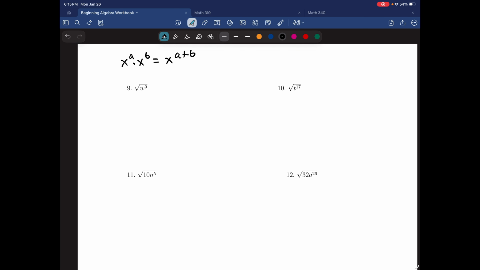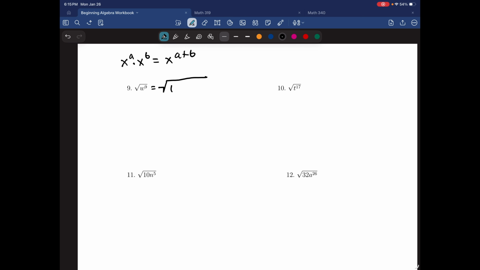What if I were to tell you we can manipulate w to the 9th power to get it into a form that we like, that makes simplifying the square root easy?